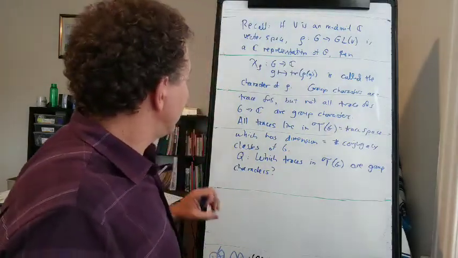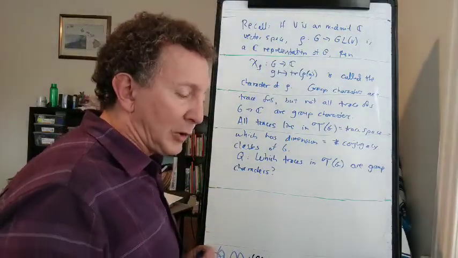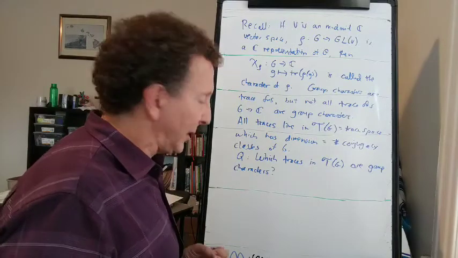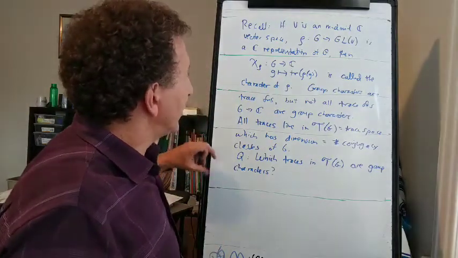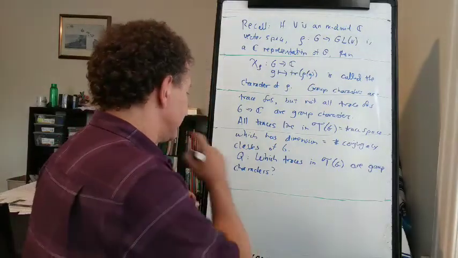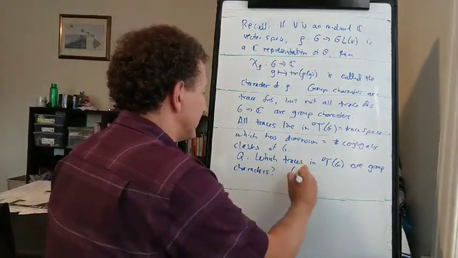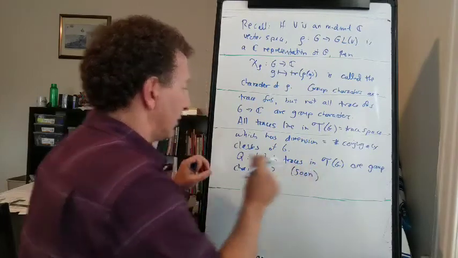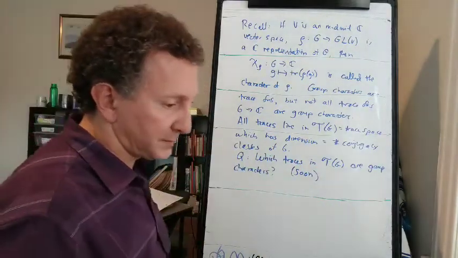To answer this, let's look at a couple of things that we can do to group representations to get other group representations. So we'll come back to this question soon.